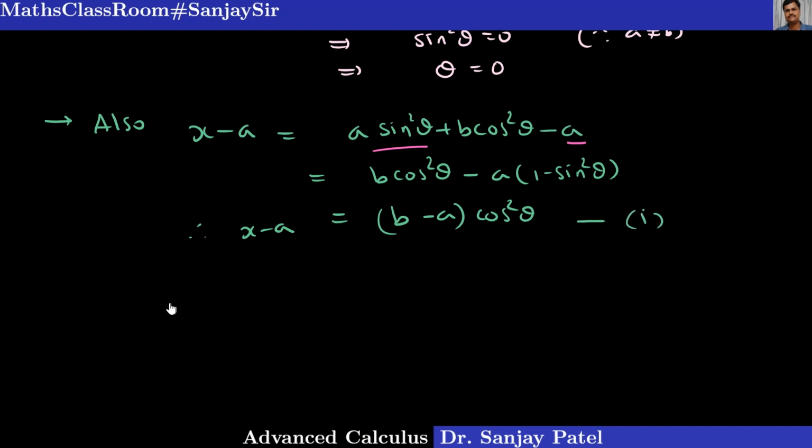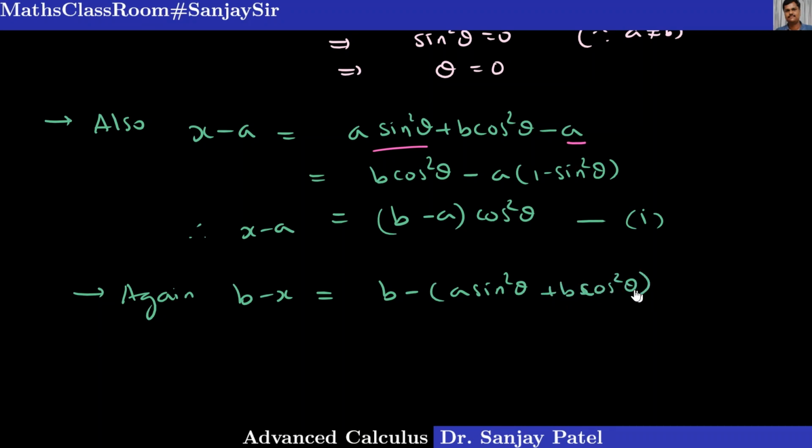Again, I want b minus x, which is in the integrand. This term I can simplify: b minus a sin square theta minus b cos square theta. That gives us b into 1 minus cos square theta, taking b common from the first and last terms, and minus a sin square theta as it is.